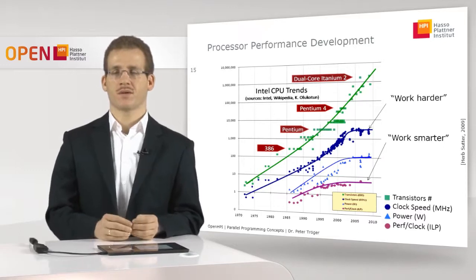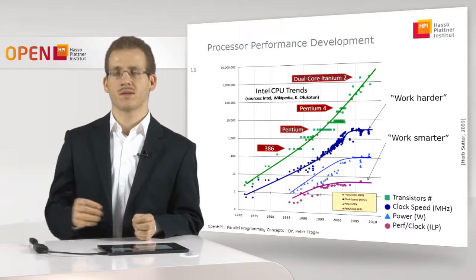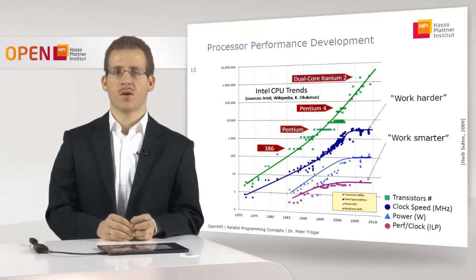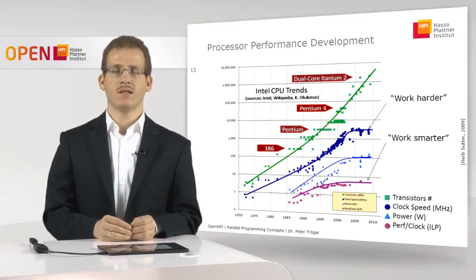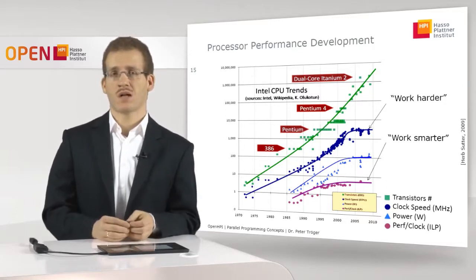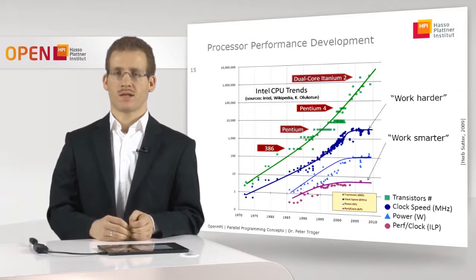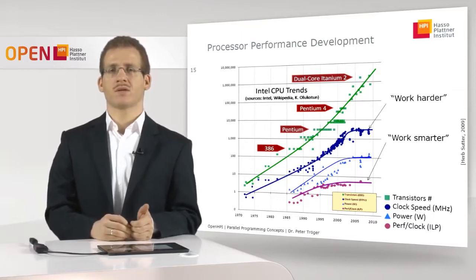So after the year 2000, we got a trend that frequencies of processors no longer increased. We got a trend that the power consumption somehow was stalled, and that several indicators of fresh and new hardware developments that make software transparently faster no longer increased.